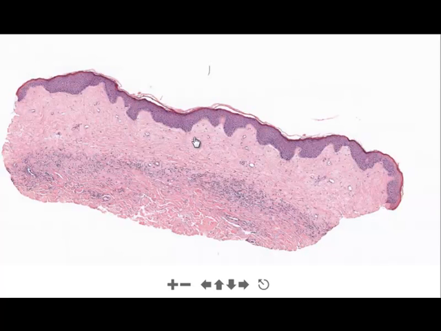The next feature that we see in this slide, which kind of jumps out at us, is homogenization of the papillary dermal collagen, where the collagen appears much lighter in color and less pink than that of collagen present within the reticular dermis.